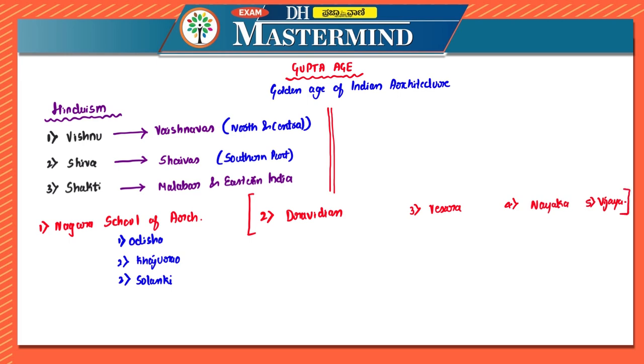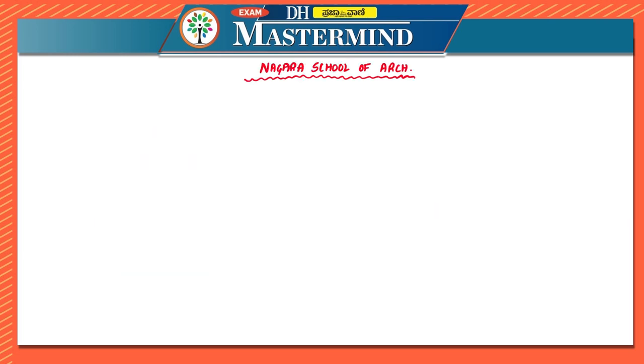Let us discuss the Nagara school of architecture first. Now here, from a prelims perspective, there are a few points which we have to remember. These are very important notes. First one is, in the Nagara school of architecture, you don't find tanks.